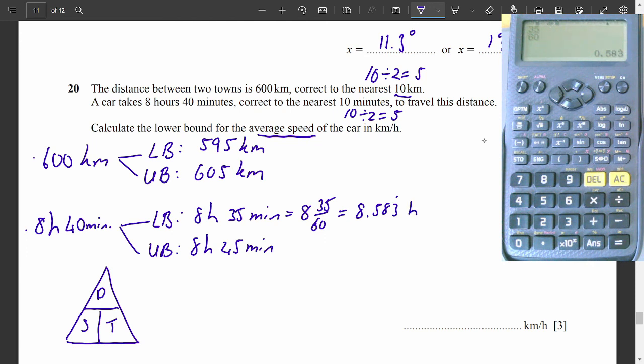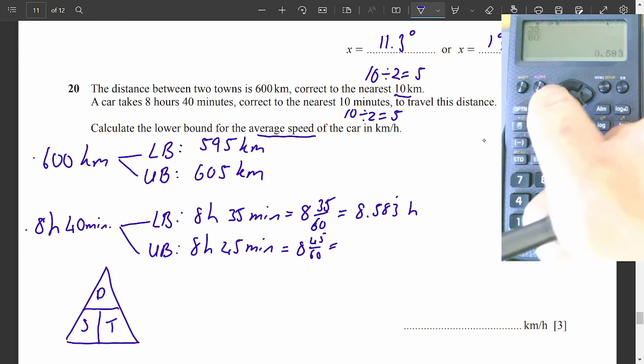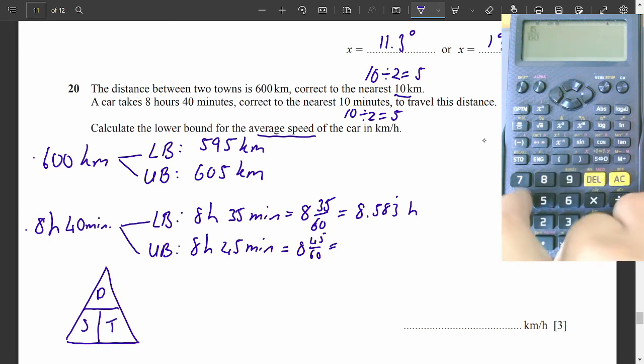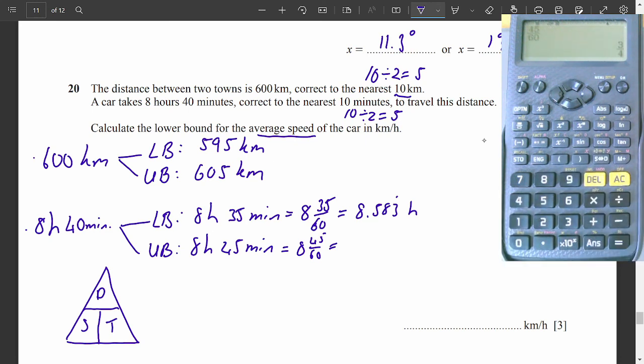And the same with the other one. 8 hours 45 minutes is 45 out of 60 minutes, of course. You know it is 3/4 of an hour. So that will be 8.75 hours.